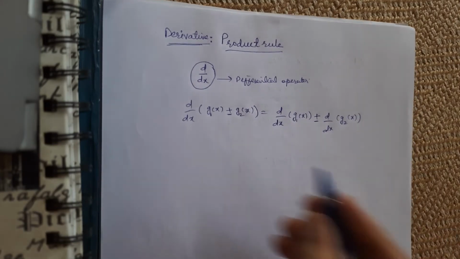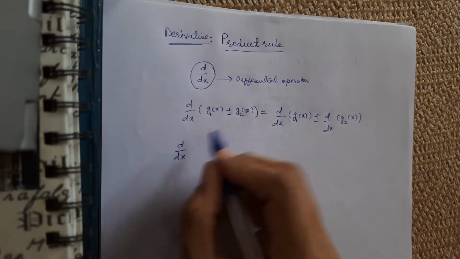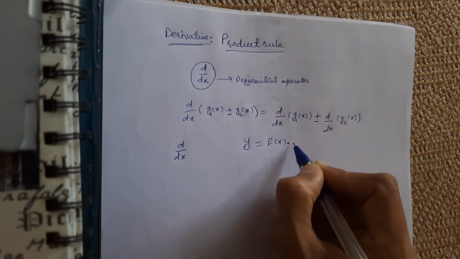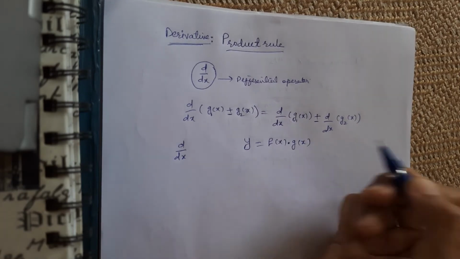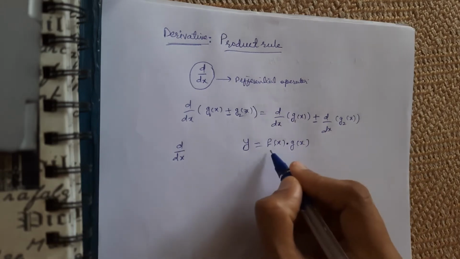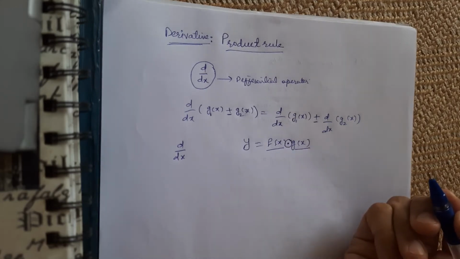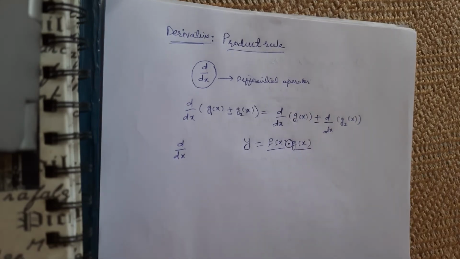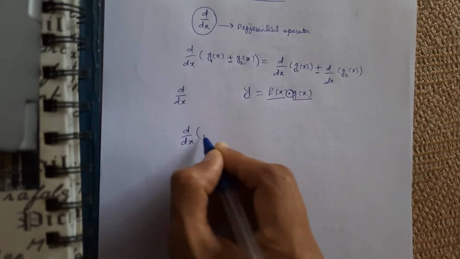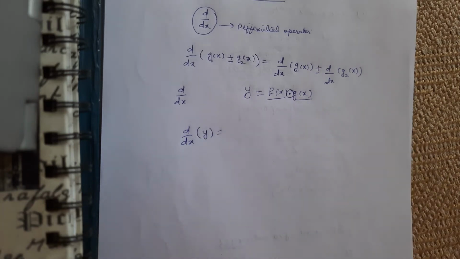Now in the product rule, we want to find the derivative of a function which is given as the product of two functions, f(x) into g(x). So y is given as f(x) into g(x); two x terms are there and there is a multiplication sign between them. What is the rule for this product, how do we find the derivative of this kind of function?